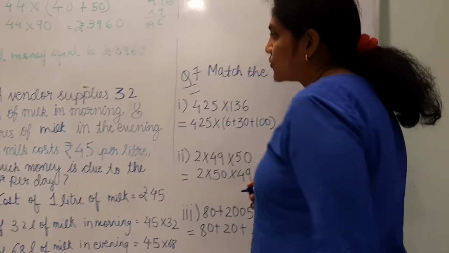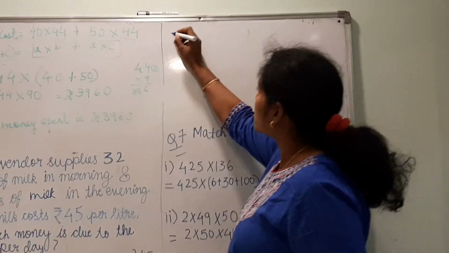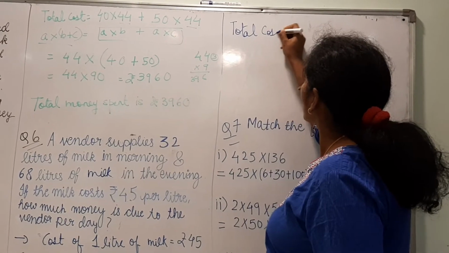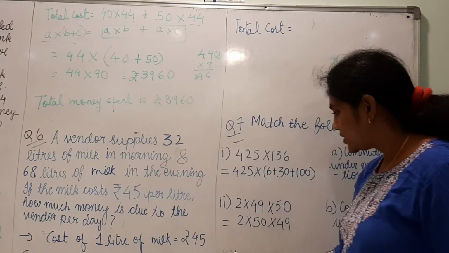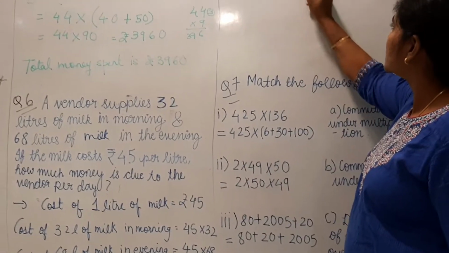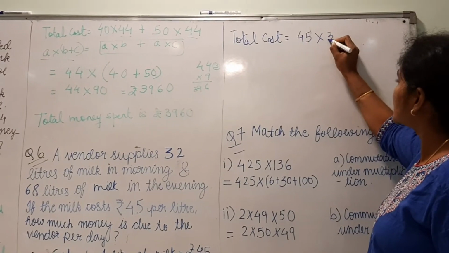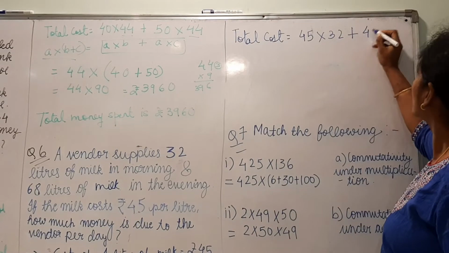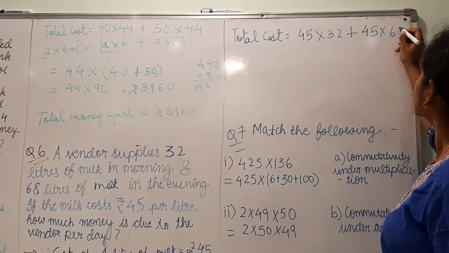So again, we will write total cost is equal to 45 into 32 plus 45 into 68.